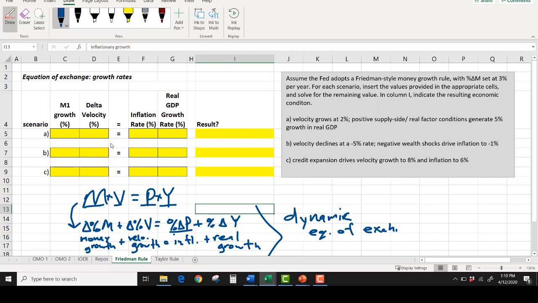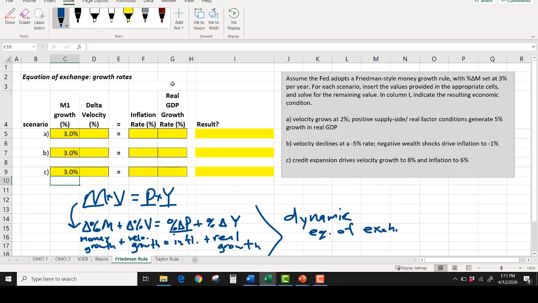Okay, so let's plug in the values. Now, we said that we're dealing with a 3% growth rule, so I'm just going to go ahead and plug that in across the board. And what we want to do here is see what the impact of that would be based on various scenarios where we have velocity moving up and down, inflation moving up and down, and real growth moving up and down, right? Why does real growth move up and down?